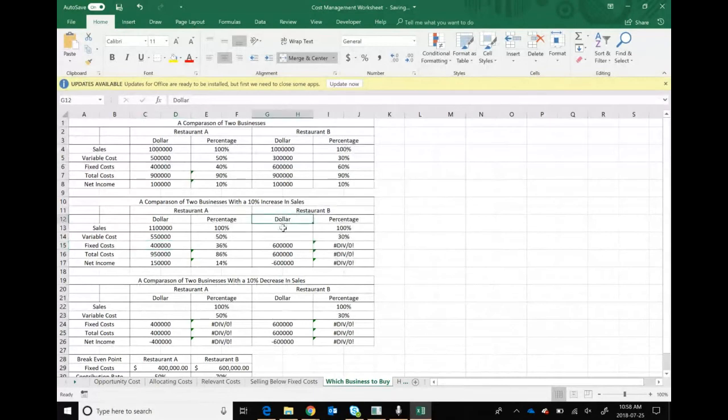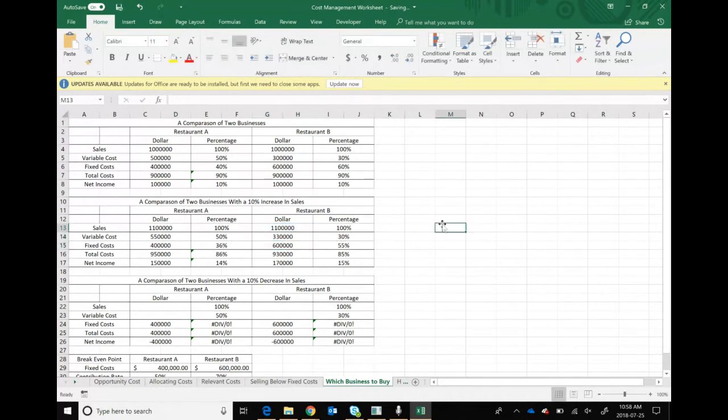Then let's do the same for restaurant B. Our sales are increasing by 10%, so multiplied by 1.1. You'll notice that the sales for both restaurants are still the same. Calculate the variable cost based on the cost percentage of 30%.